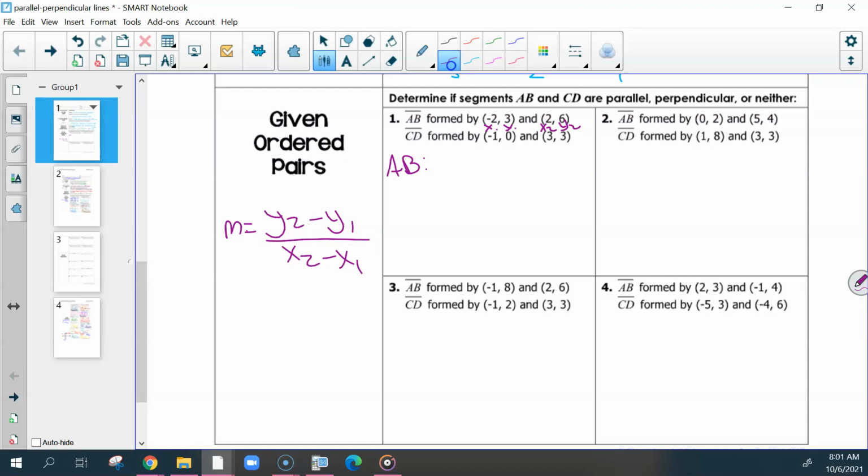So for AB, I went ahead and I labeled them just so I know which one to switch. And that would give me 6 minus 3 over 2 minus the negative 2. And then I'm going to do the same thing for CD.